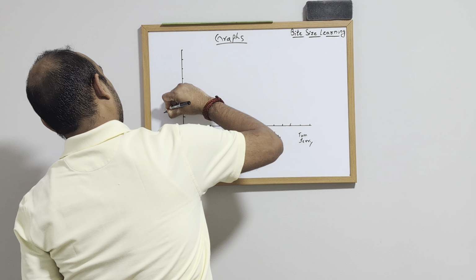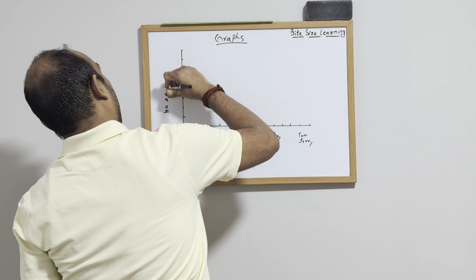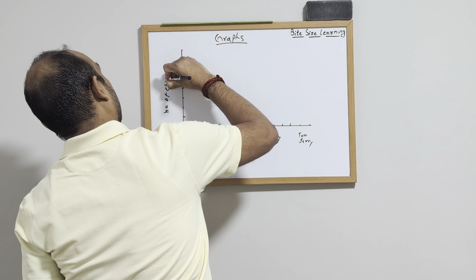So this is the number of children: 10, 20, 30, 40, 50, 60, 70, 80.